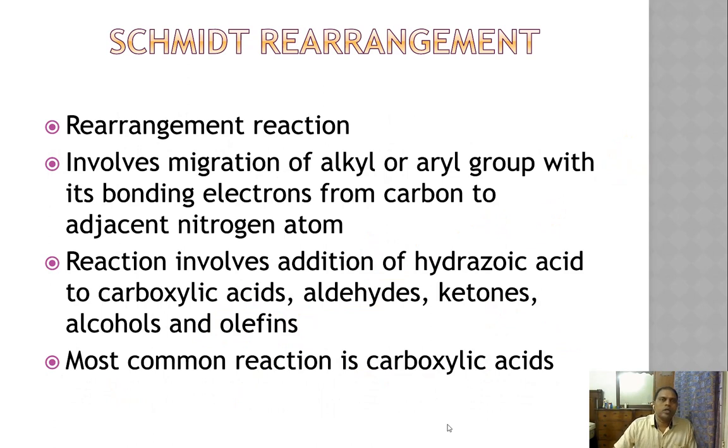Alright, next is Schmidt rearrangement reaction. What is rearrangement? Rearrangement is the arrangement within the molecule with little changes. So here it involves migration of an alkyl or aryl group with its bonding electrons from carbon to adjacent nitrogen.